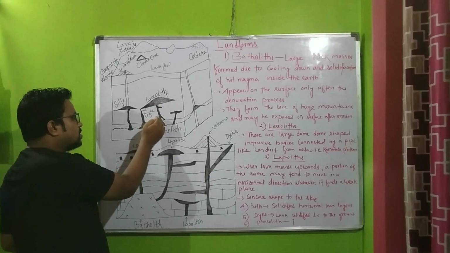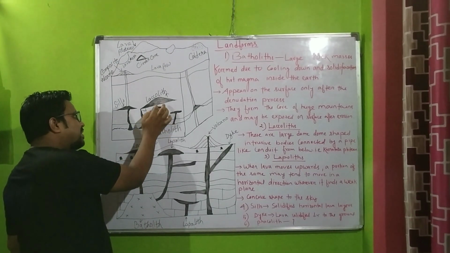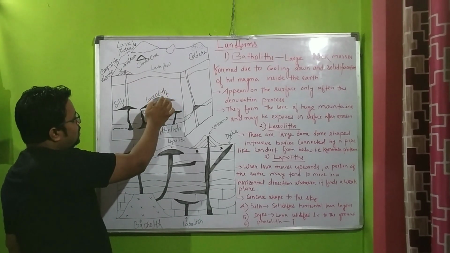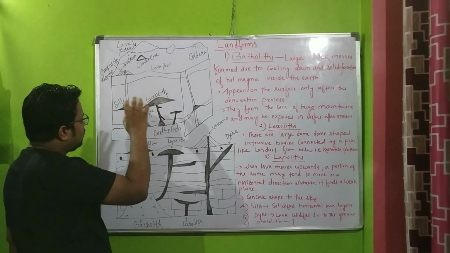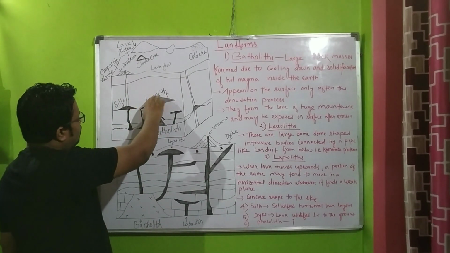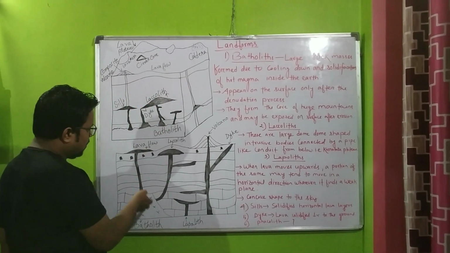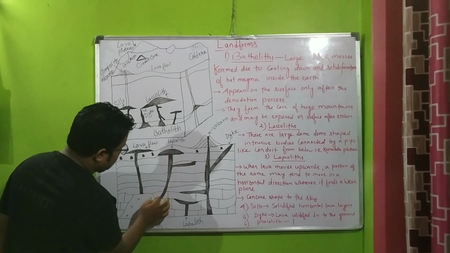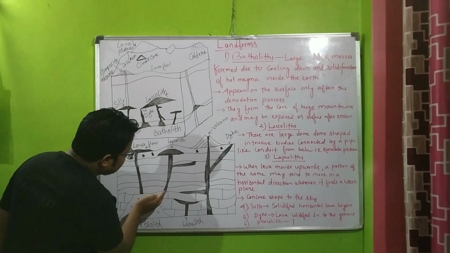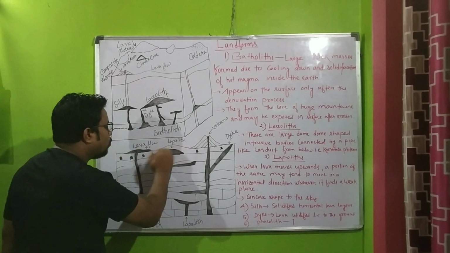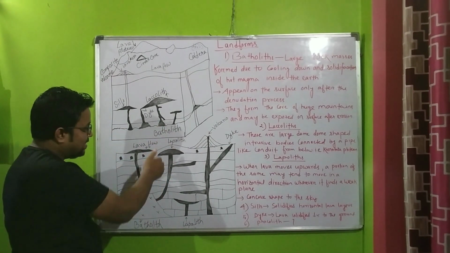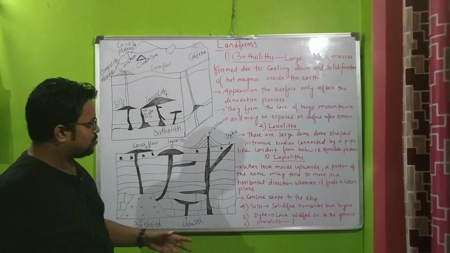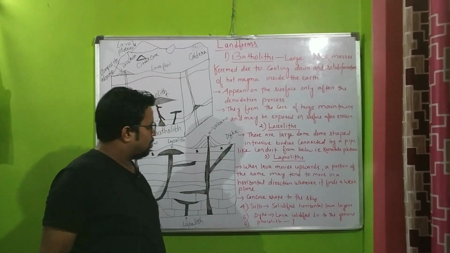What happens? The magma from this region goes like this, forming this landform, looking dome-shaped. Here, in this portion, the magma enters like this and forms a dome shape. This structure is called laccoliths.